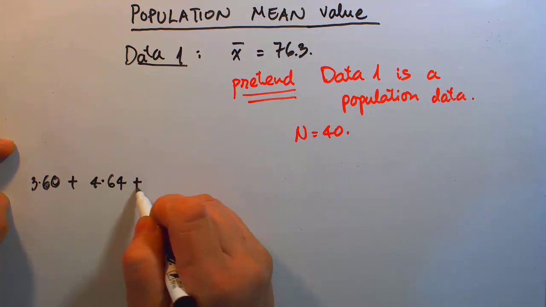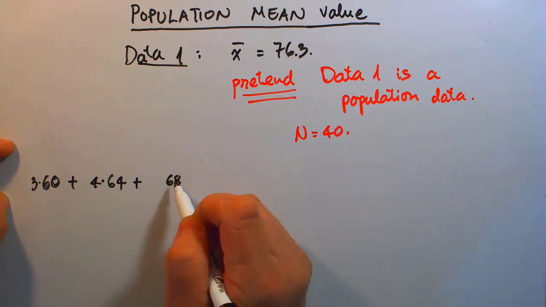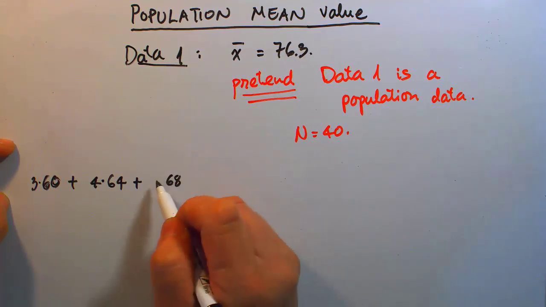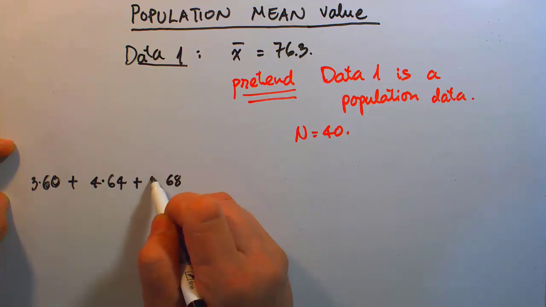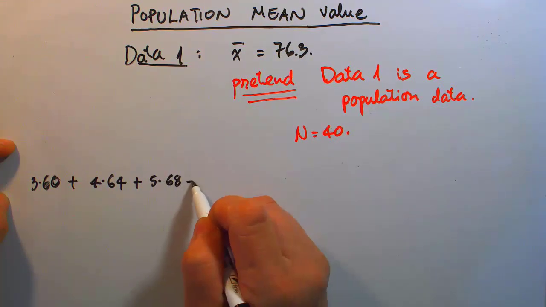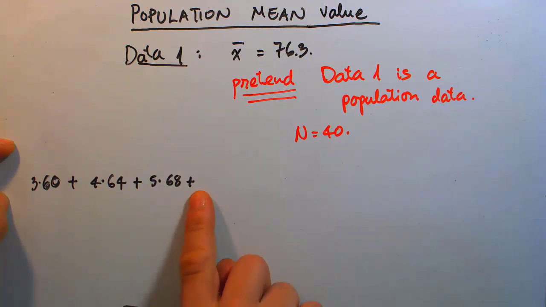Then I'm moving on to the next distinct data value, 68, and there are 5 68s. So instead of writing 68 plus 68 plus 68, I'm going to write 5 times 68. Everyone viewing this video is starting to see where I'm going.